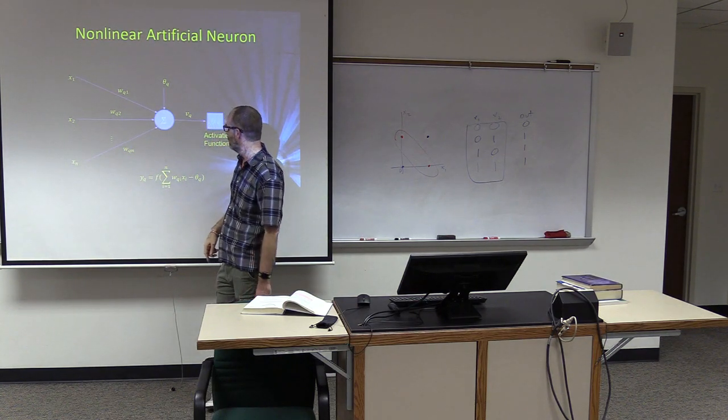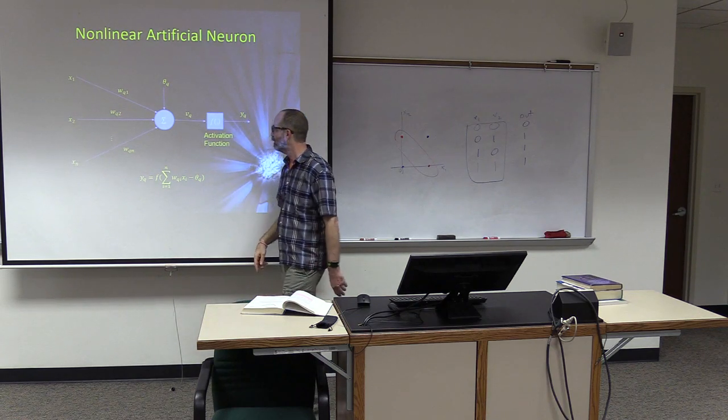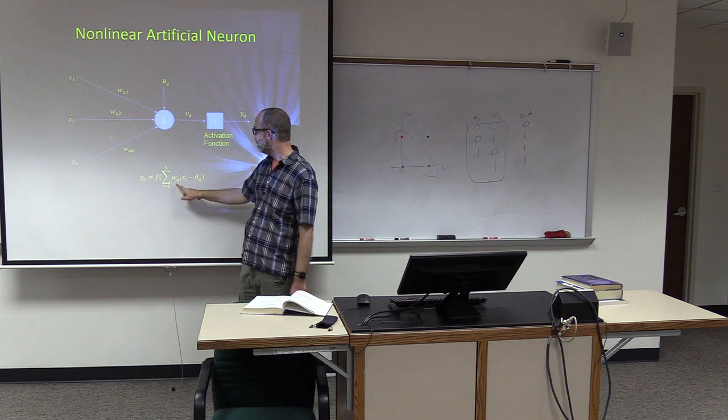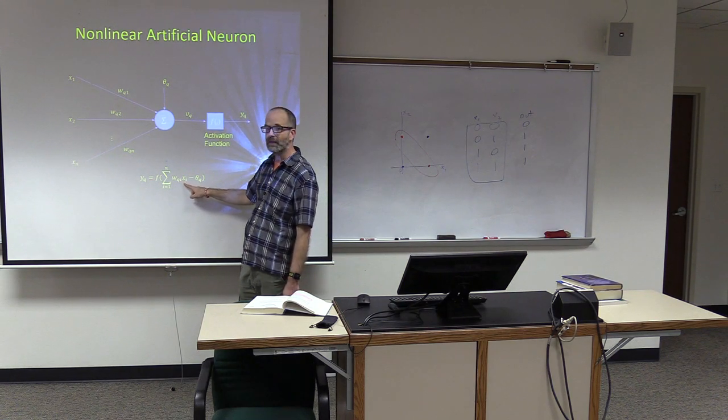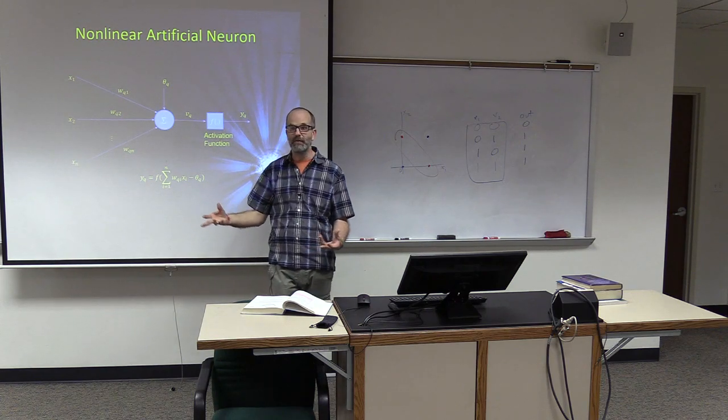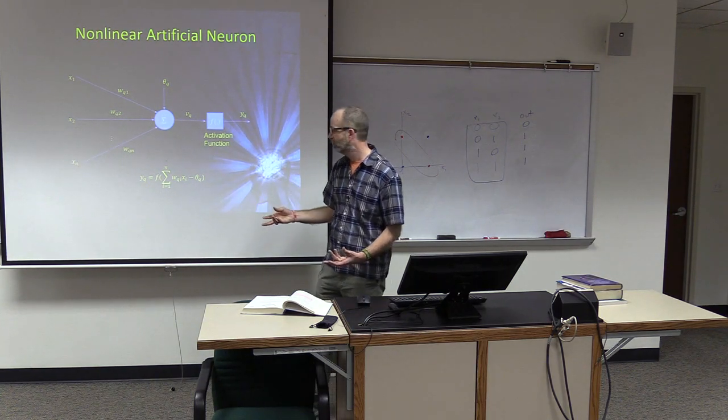So how does this work? We'll talk about this guy in a minute. I sum up my weights times my inputs. I subtract off whatever the bias is. The bias can be 0 if I want it to be, or it can be something else.